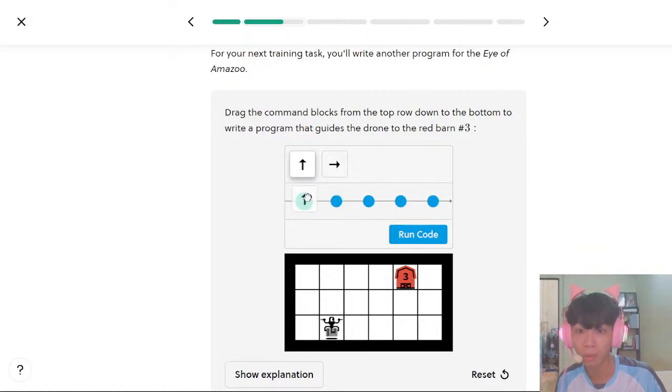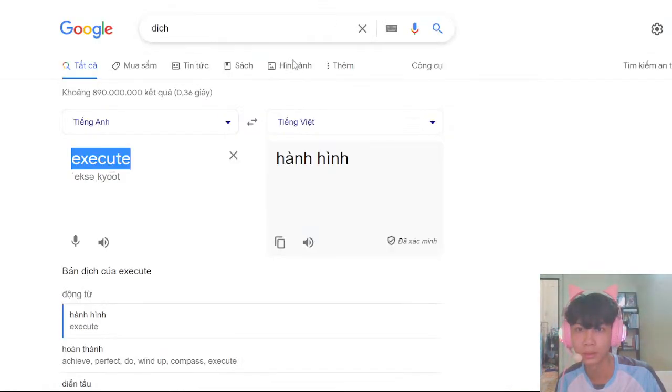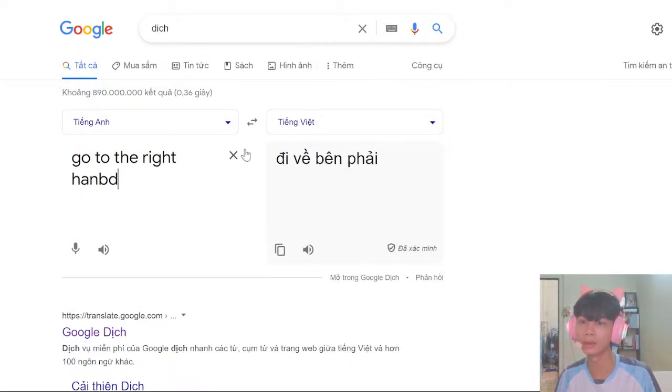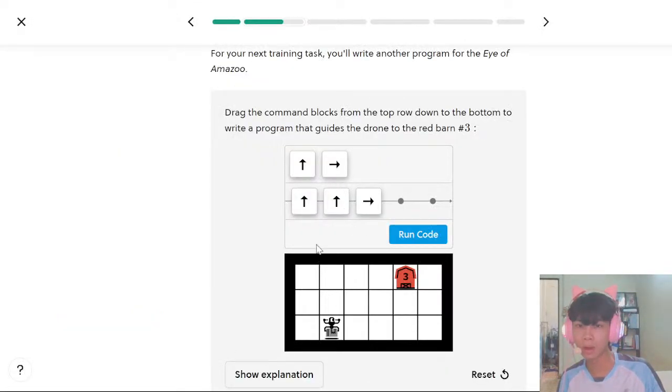So go up, go up, go to the right, go to the right, go up, go to the right.